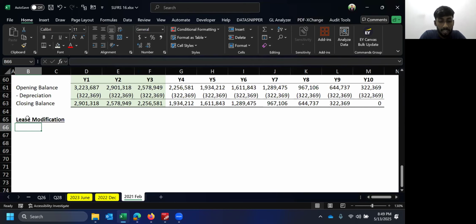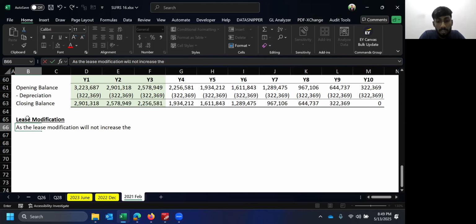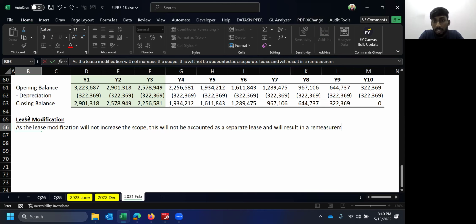So let's say, as the lease modification will not increase the scope, this will not be accounted for as a separate lease, and will result in a remeasurement of the lease liability.